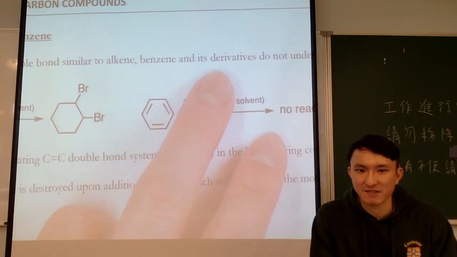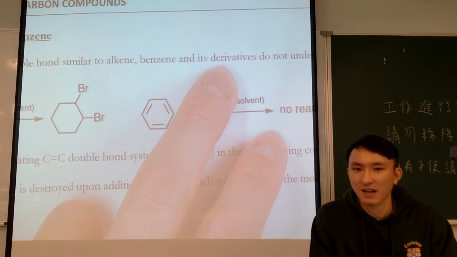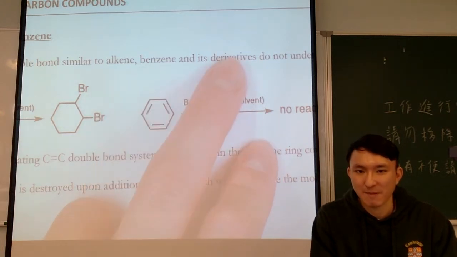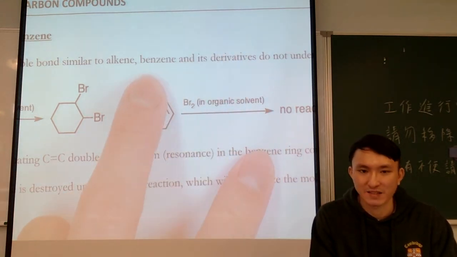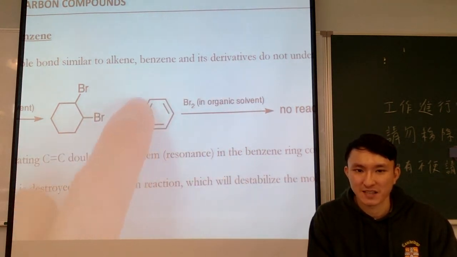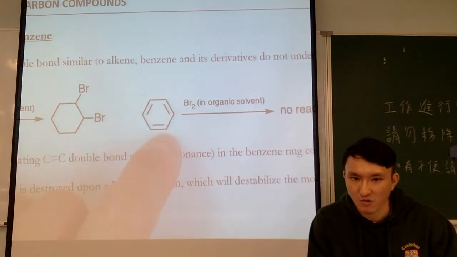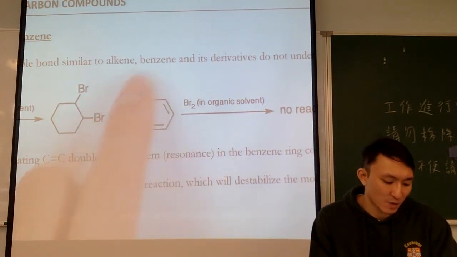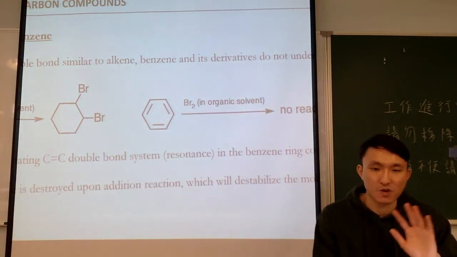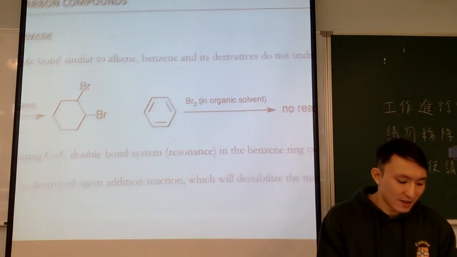Benzene and its derivatives, meaning a similar compound of benzene or a compound derived from benzene, may include a benzene with a methyl group, or a benzene with a chloro group, something like that. Benzene and its derivatives will not undergo addition reaction despite having CC double bonds.